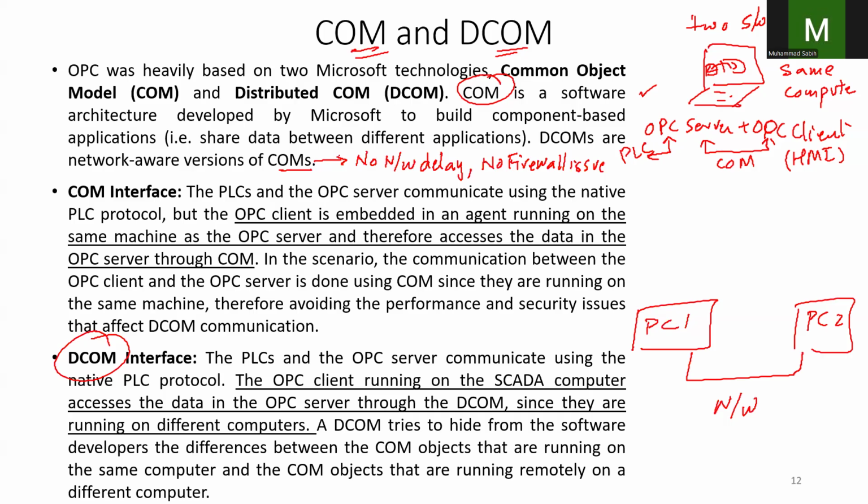Maybe HMI or SCADA is on one PC and the OPC server is on another one. So DCOM allows us to communicate between these two PCs and their software. Okay, so this is great, but it increases the complexity.